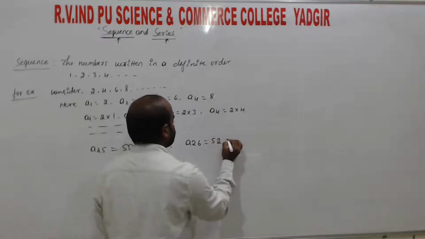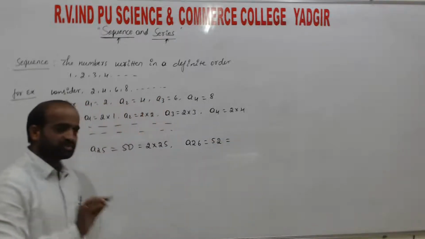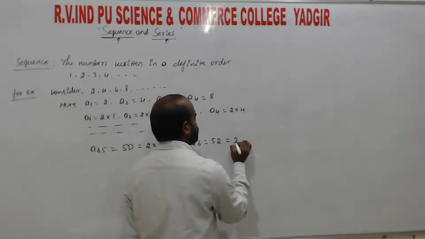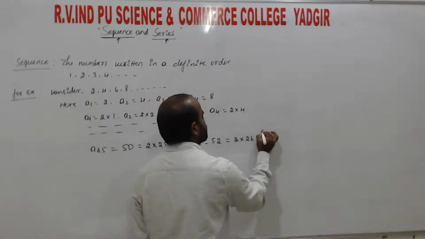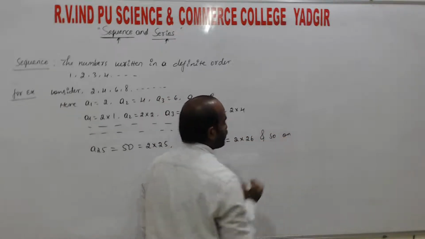52 can be written as 2 into 26, and so on.